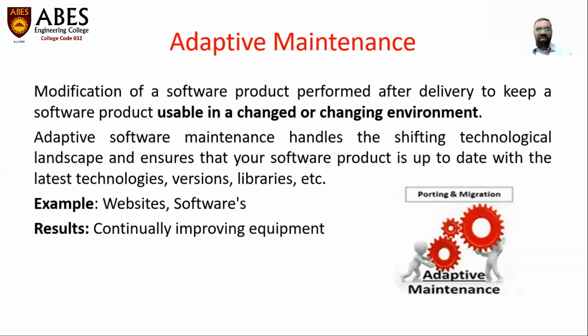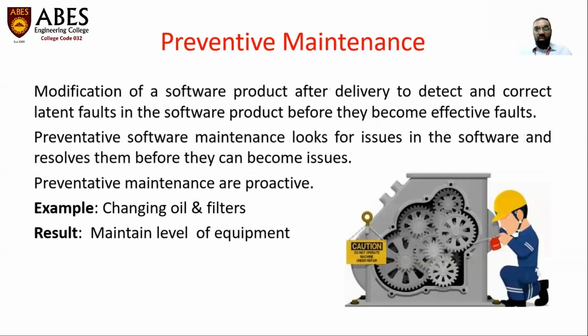Example: website software. Any kind of website software needs to be updated, which results in continually improving equipment. So what is adaptive? By the name it suggests, we need to change as per the need of the changing nature of the environment. Okay, so let us go to the next one, that is preventive maintenance.